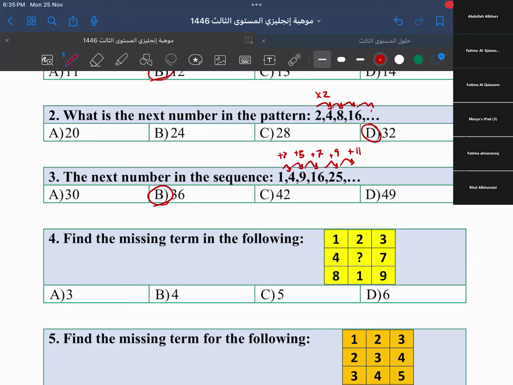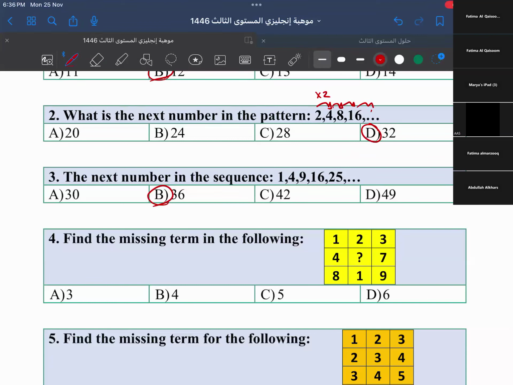Excellent, Maria. There is another pattern also that is used. Yes, Abdullah. Multiplying every number by itself. 1 times 1 is 1, 2 times 2 is 4, 3 times 3 is 9, 4 times 4 is 16, 5 times 5, 25, 6 times 6, 36. Exactly.